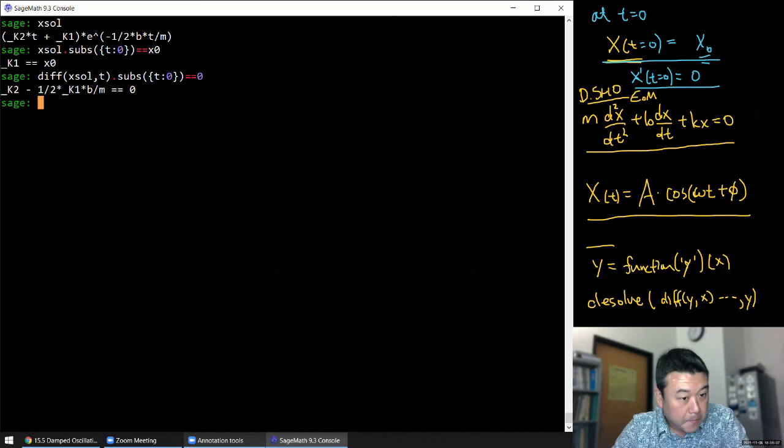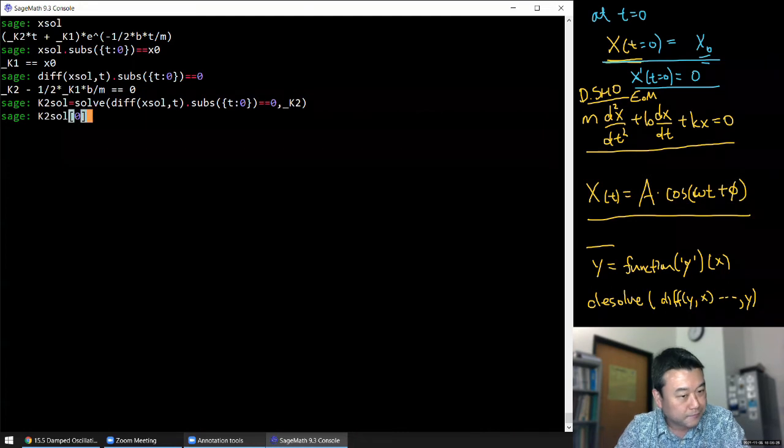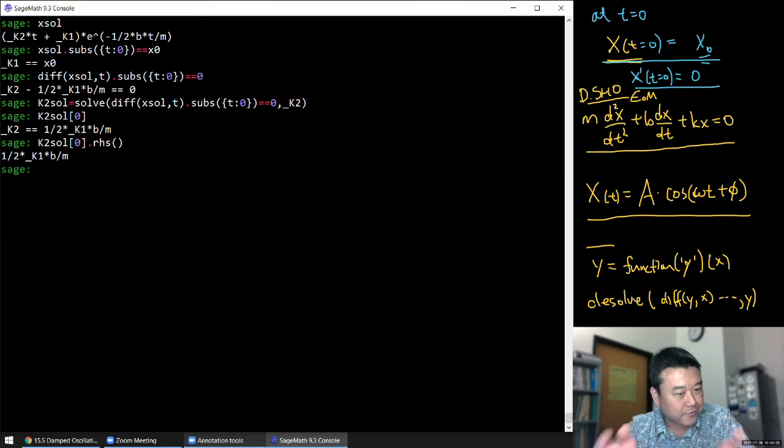Okay, all right, so k2 sol is equal to solve this for k2. Yeah, and I can use the right-hand side to get that expression. Okay, so I can do this.